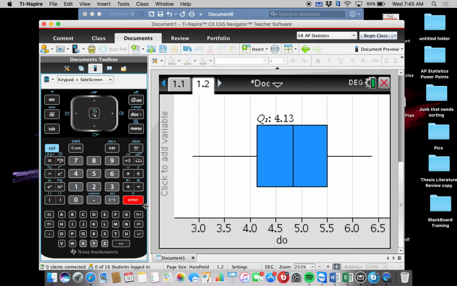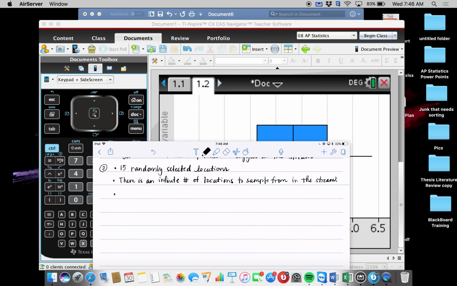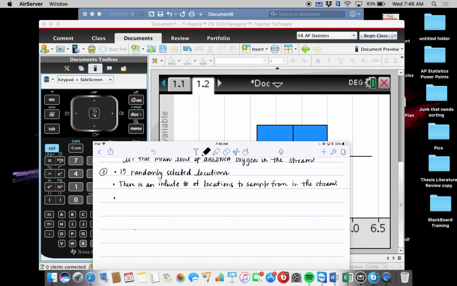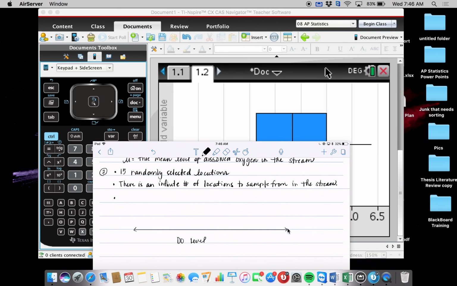So everything looks good. I'm going to plot these values on my paper to show the following. I'm going to draw my title, label, tick, tick. Remember, that's important. Here we're talking about the DO level. Let me see what my minimum was, so that I can write the essential numbers.